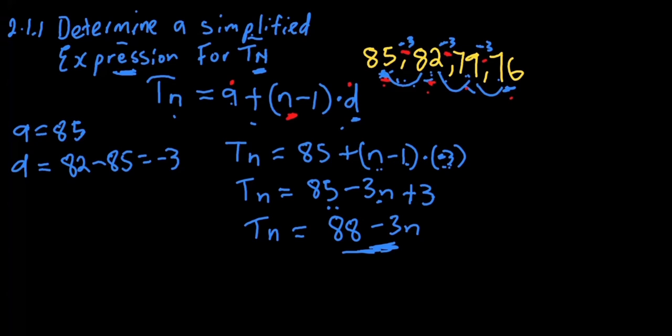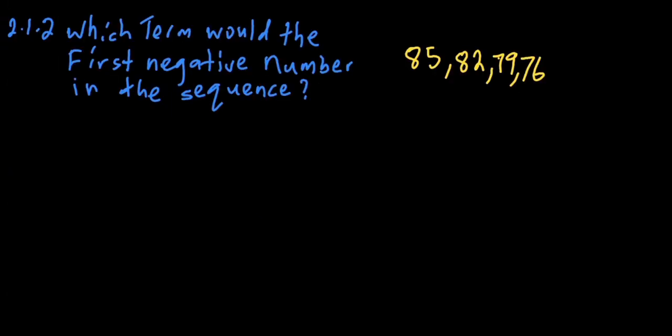Now it's time to go to the second question: which term would be the first negative number in the sequence? We take Tn and set it to be less than 0, because anything less than 0 is negative. We'll use this inequality and then solve for n.